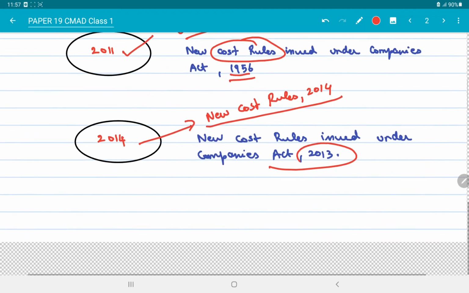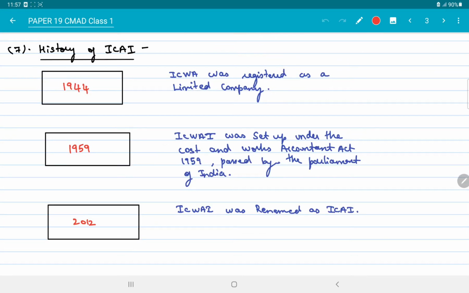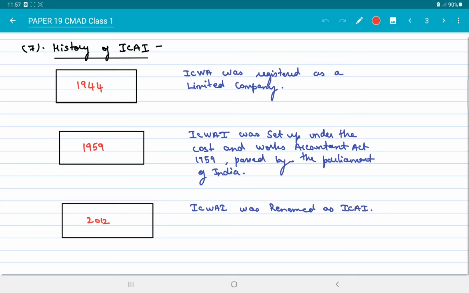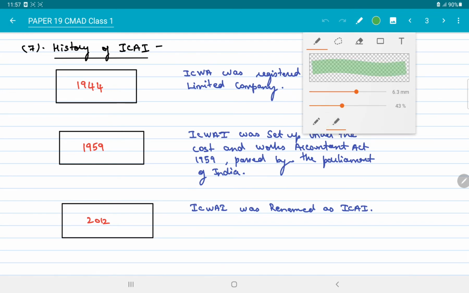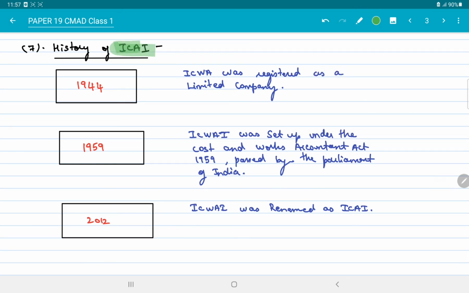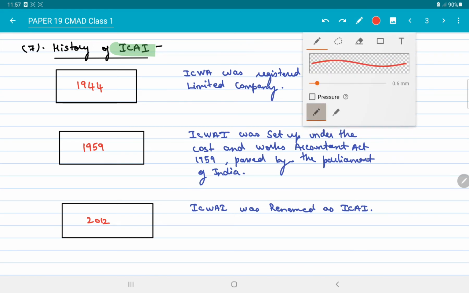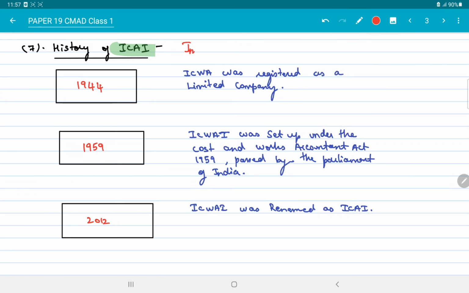We will see the last topic, which is history of our institute. Our institute name, I think it is Institute of Cost Accountants of India, ICAI.